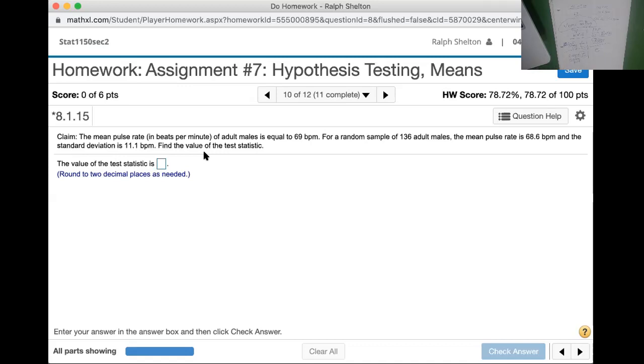So let's go to StatCrunch, our old buddy there. I put something on Blackboard that shows how to get T star. This is the test statistic, the one from your sample, so it's not T star here.